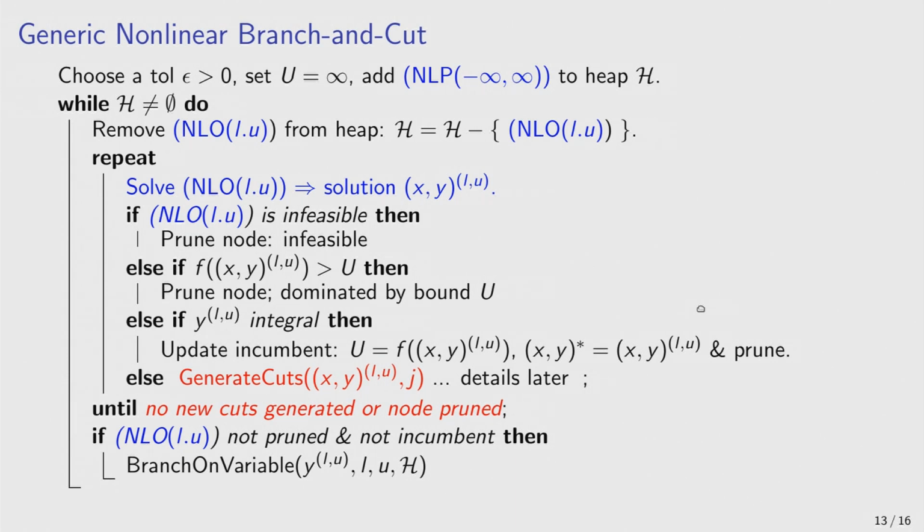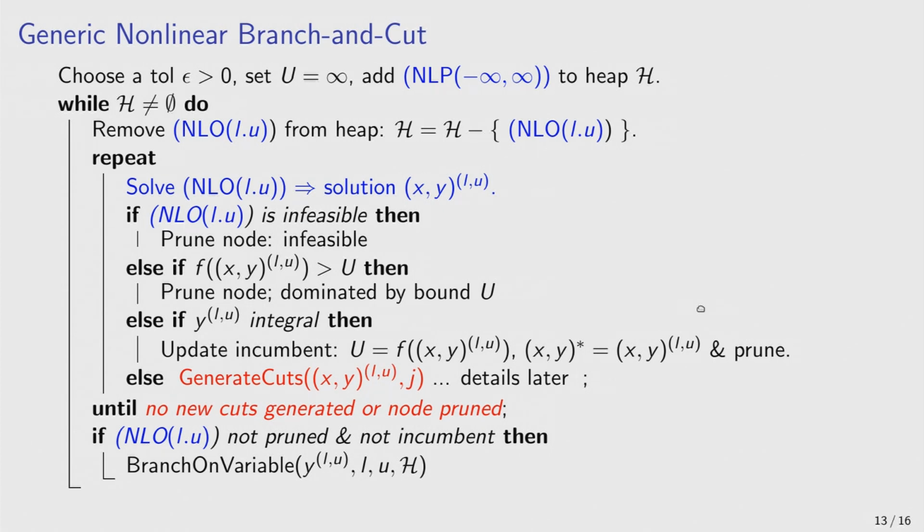So the first thing is we have a heap. That's a way of storing nonlinear optimization problems. We're not storing the nonlinear problems. All we're storing actually are the bounds, or the changes in the bounds that we need to store. And Pietro and Ashutosh can tell you much more about the details on how this is done effectively.